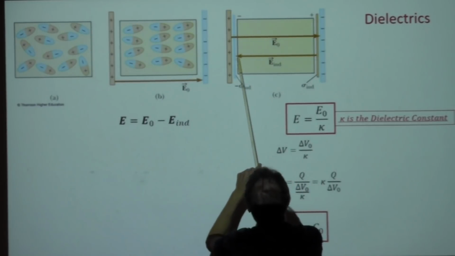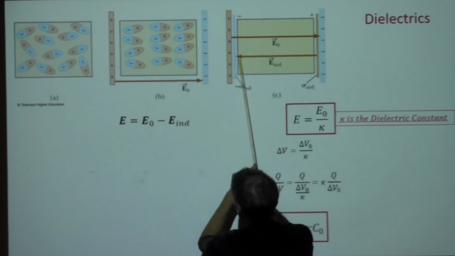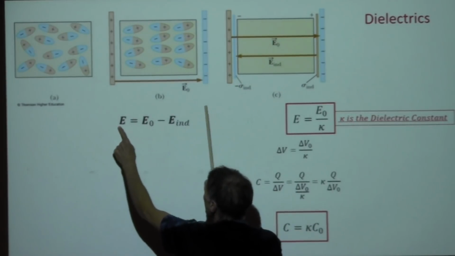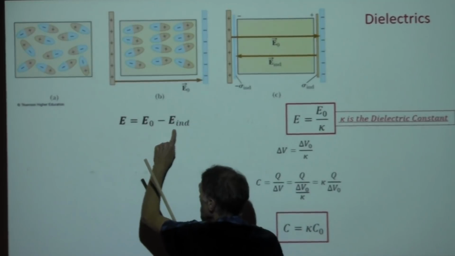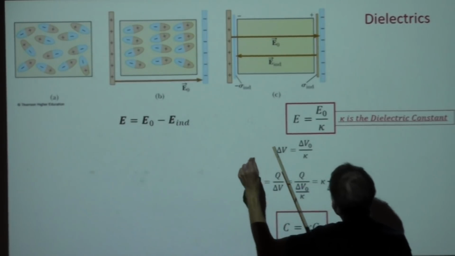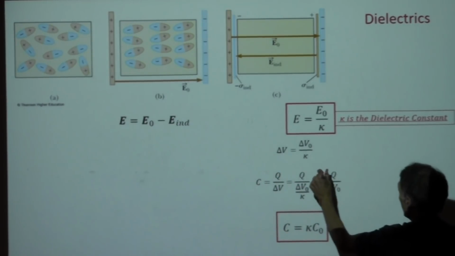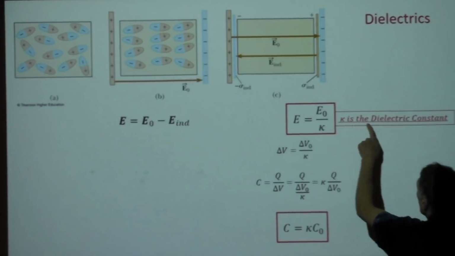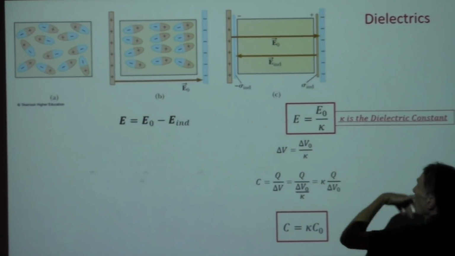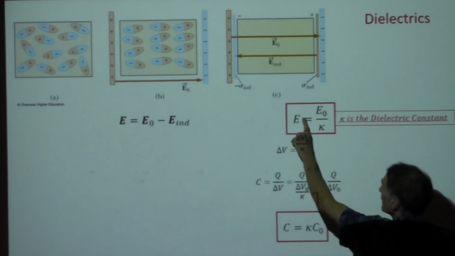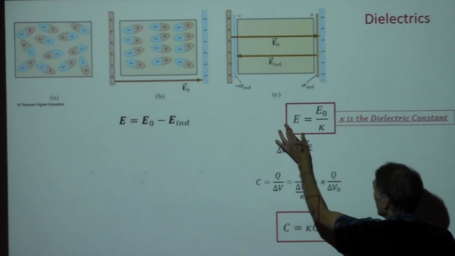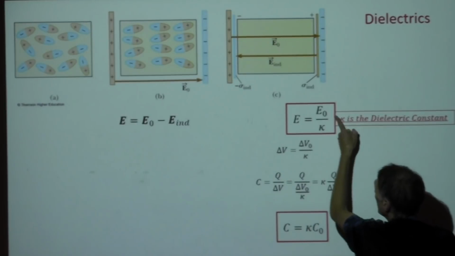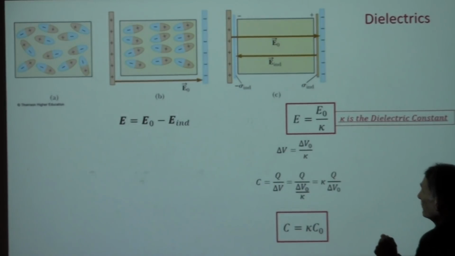It tends to cut into the main electric field, and so the net electric field, the combination of those two effects, is going to become smaller with the dielectric. Dielectric constants are usually 1 or greater, so the actual electric field with the dielectric in there is going to be E naught divided by kappa.